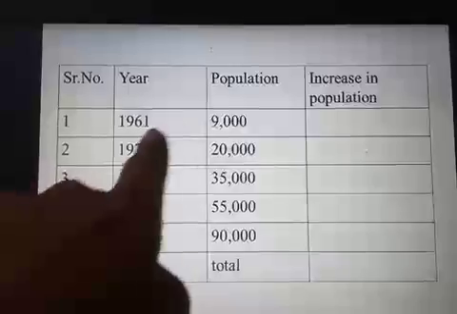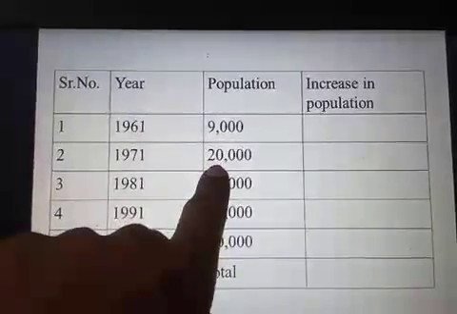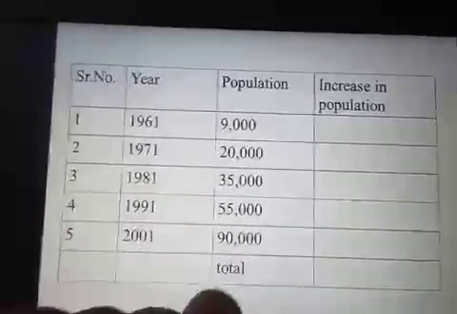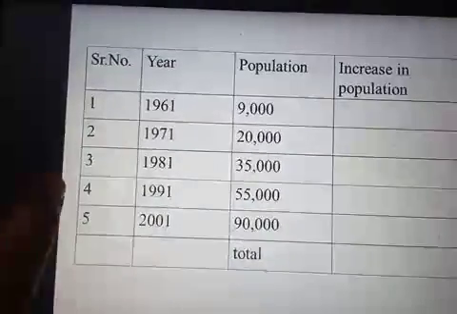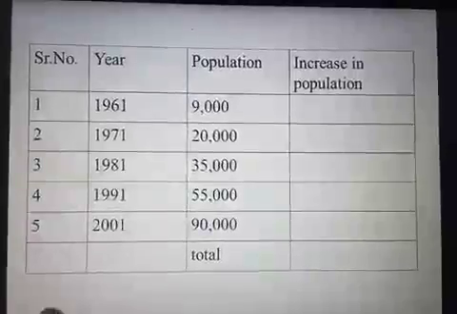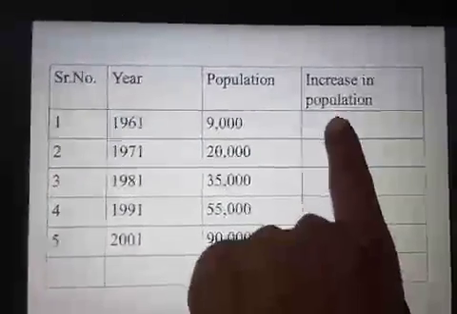The population given below 1961 is 9,000, and the respective populations are given for the other years. After completing these two columns, calculate the increase in population.